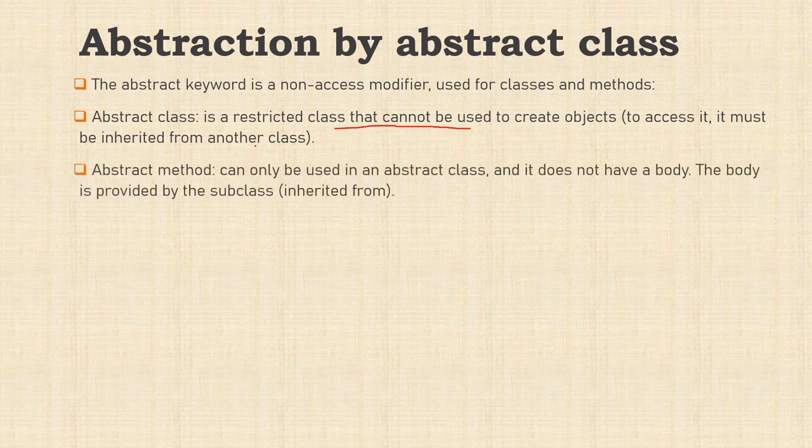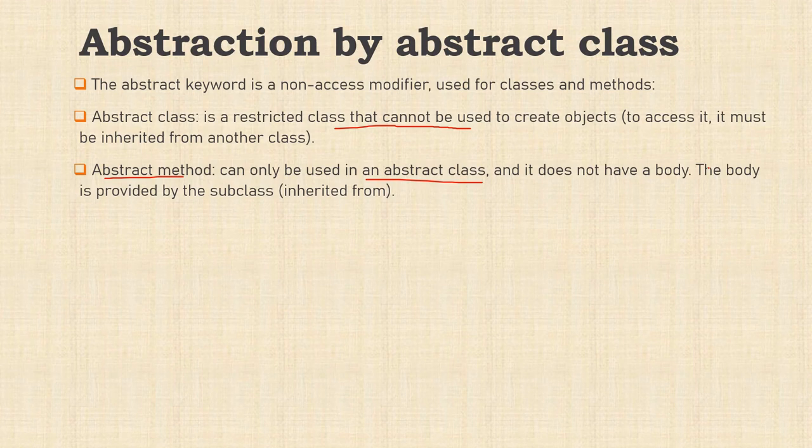An abstract method can only be used in an abstract class, and it does not have a body. So you can create an abstract method only inside an abstract class. The body is provided by the subclass. Interfaces can also achieve abstraction.